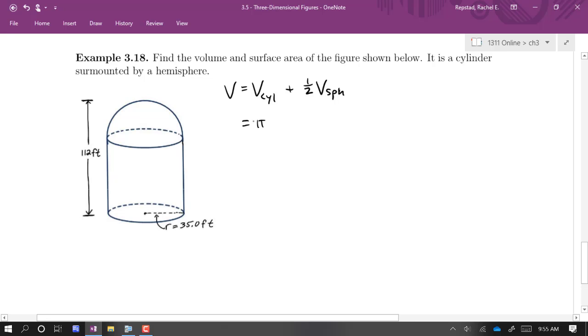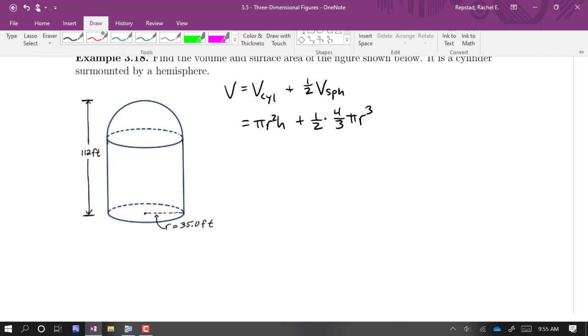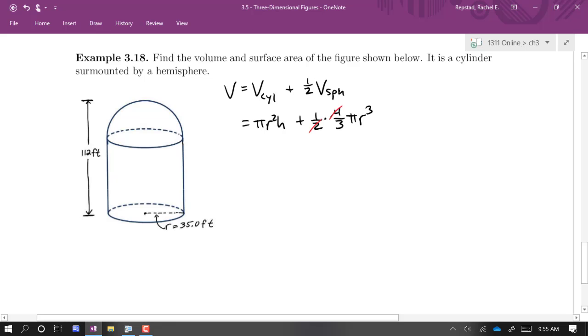The volume of a cylinder is pi r squared h. The volume of a sphere is 4/3 pi r cubed, so I'm going to have half times 4/3 pi r cubed. We can simplify this. The 2 will cancel into the 4.